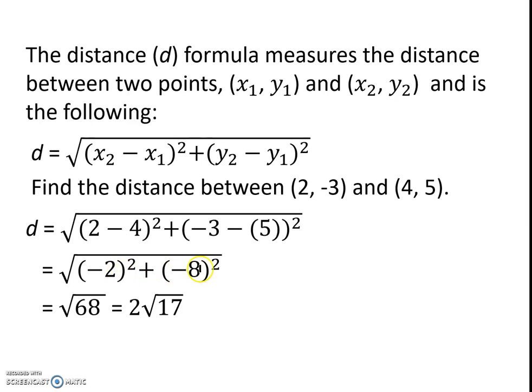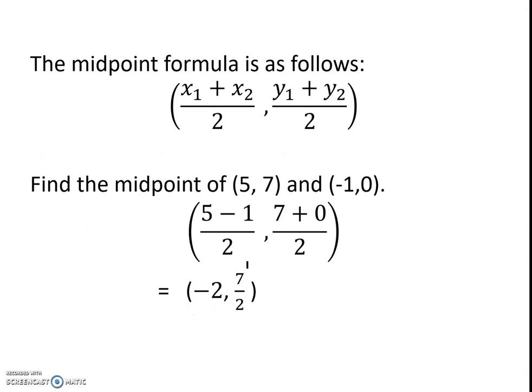A -8 squared from that makes it positive 64. So we have 64 plus 4 for a total of 68. We know that 68 is 4 times 17, so we can take 2 out, and we get 2 times the square root of 17.